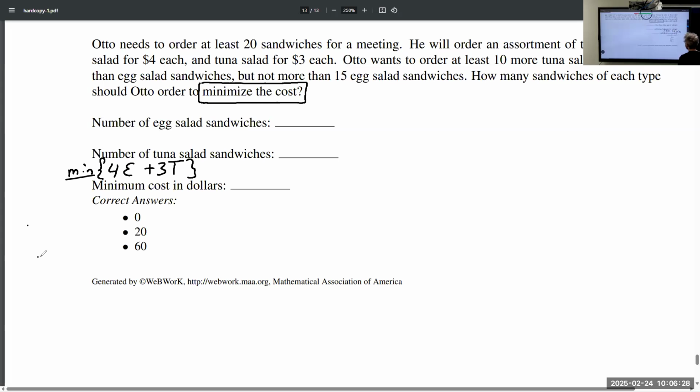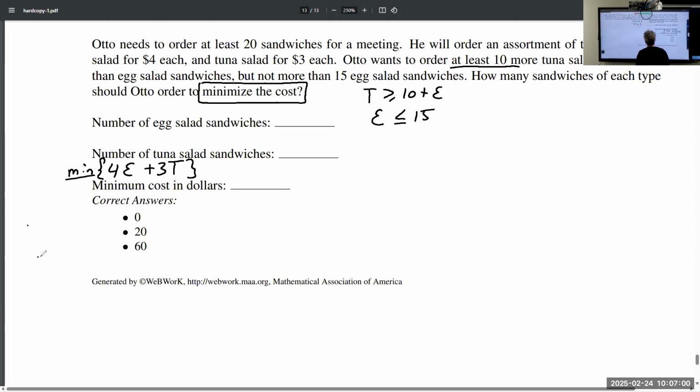But I have some boundaries that I have to deal with. So one of the boundaries is that we need to order at least 10 more tuna salad sandwiches than egg. Okay, at least 10 more tuna than egg, but not more than 15 egg sandwiches.